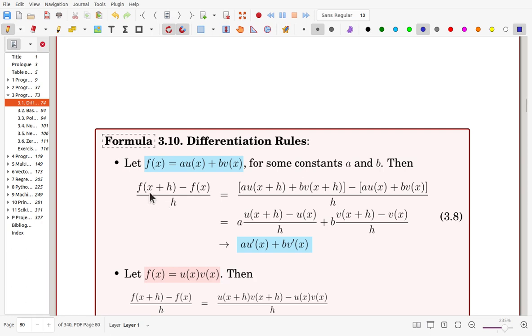Then at x plus h, we can write in this way, and at x we have that divided by h. Now we rearrange it.